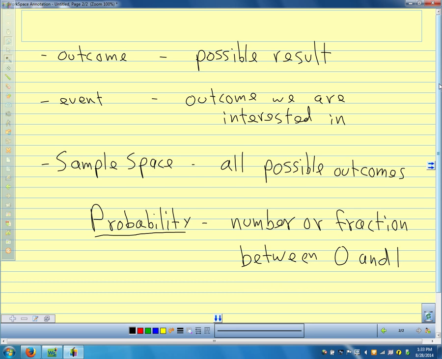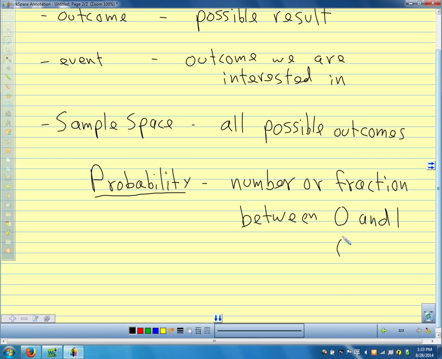And if we write it as a percent, it would be 0 and, what would be the 100%? Not $100, 100%.